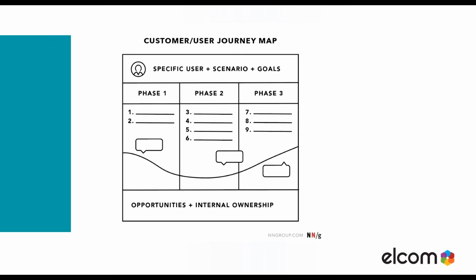And you might look at this and think, okay, it's a bit too complex and I just don't have the resources to work on this. But I really, really encourage you to create this for important milestones and processes, such as the onboarding process, because it does provide a really good holistic view of what employees go through during this important time and how your intranet can actually help them.